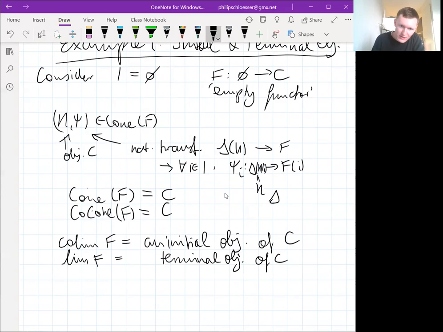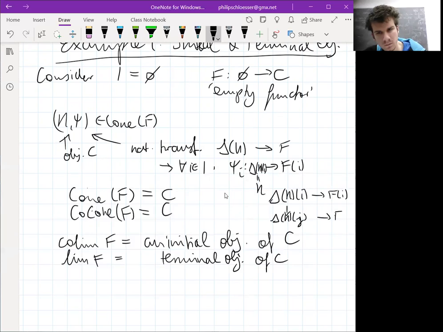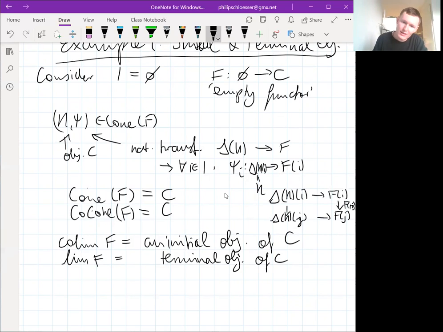The naturality condition in this case reads: for a map from I to j, we have delta n of I, delta n of j, F of I, and F of j.